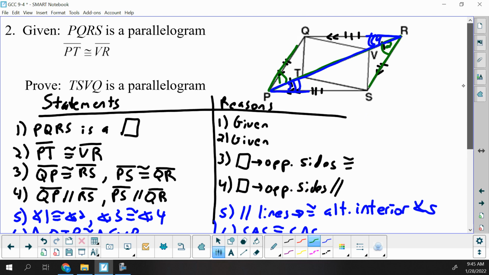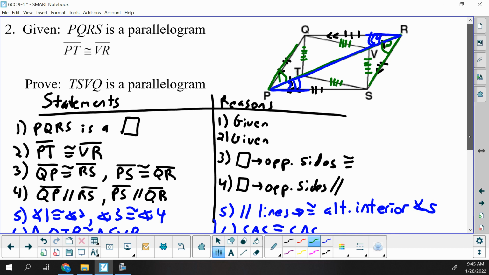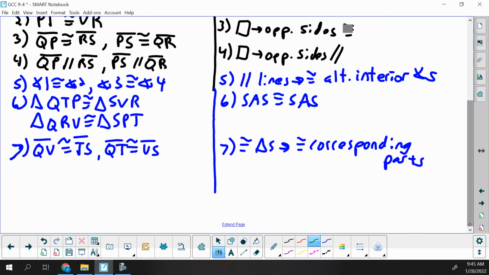So if we go to our picture now, notice in that inner one, TSVQ, we now have both pairs of opposite sides congruent. So we're ready to say it's a parallelogram.